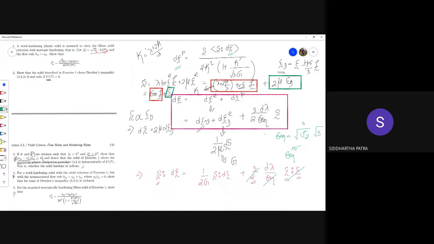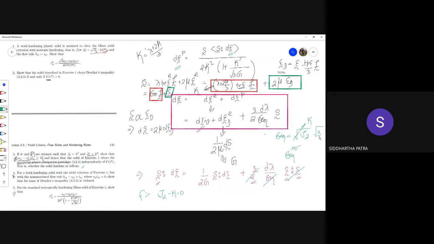Okay, and from the yield criteria, J2 minus k equals 0, we have J2 equals k. Sigma equivalent is k times root 3, as we discussed earlier.